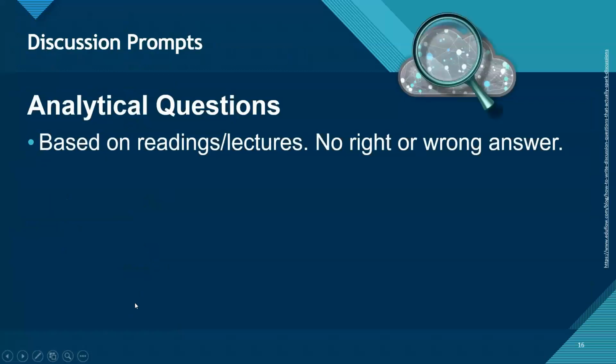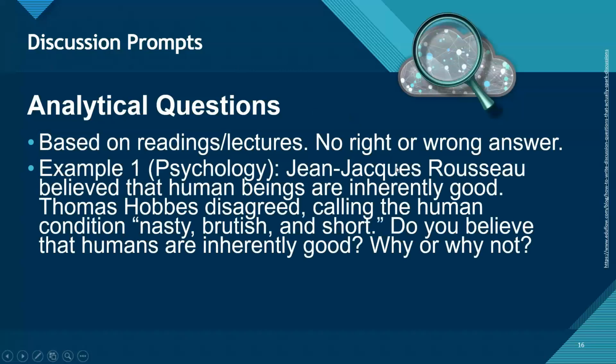So we're going to look at some examples of these different levels of Bloom's. Analytical questions are going to be based on readings and lectures. Again, we're not having students just come up with baseless opinions. For example, one here for psychology: Jean-Jacques Rousseau believed that human beings are inherently good, whereas Thomas Hobbes disagreed.